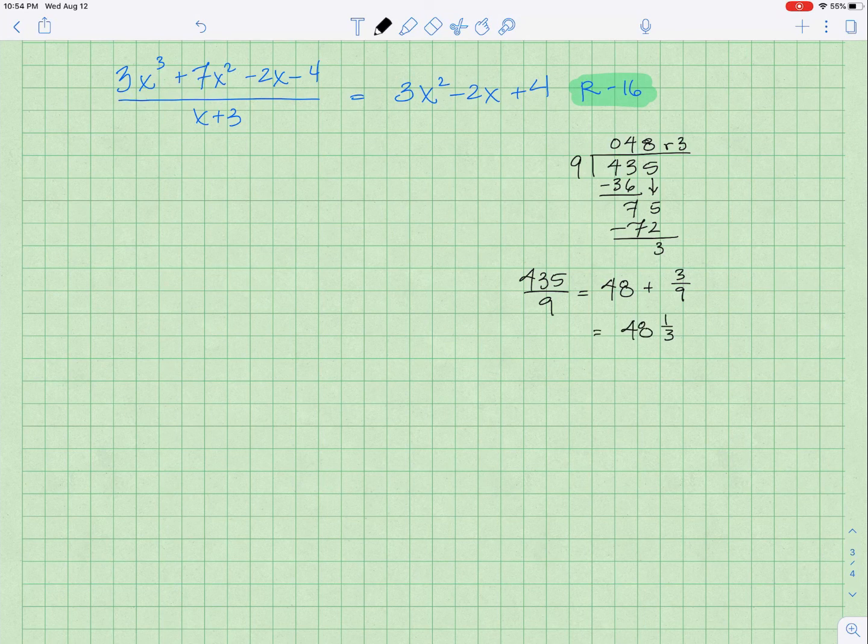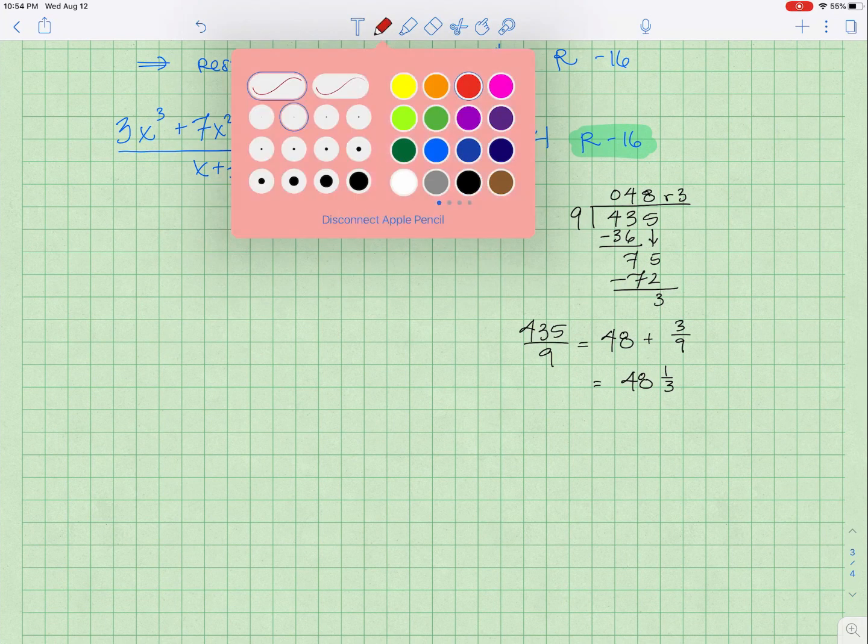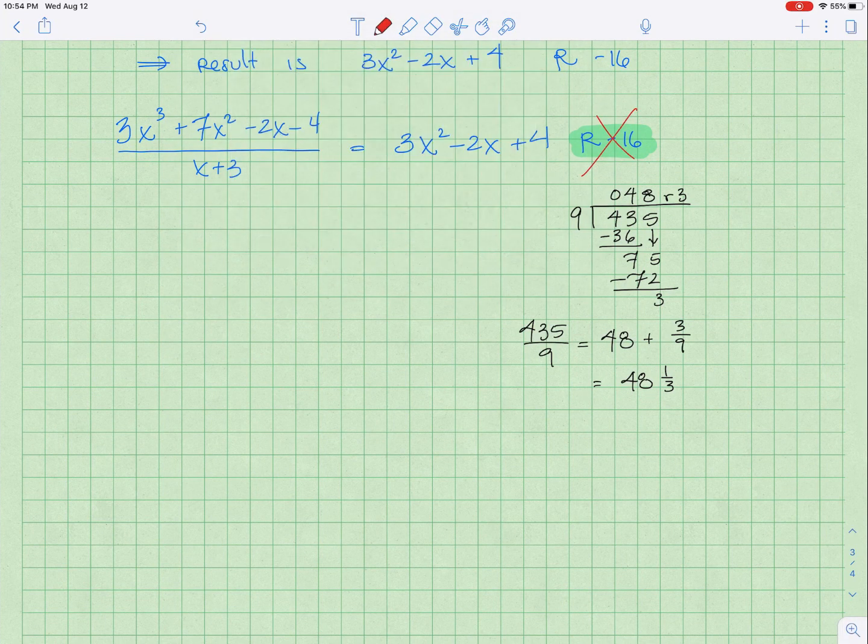So what we're really talking about doing is instead of using this R16, we want to rewrite it in terms of our remainder over our divisor.